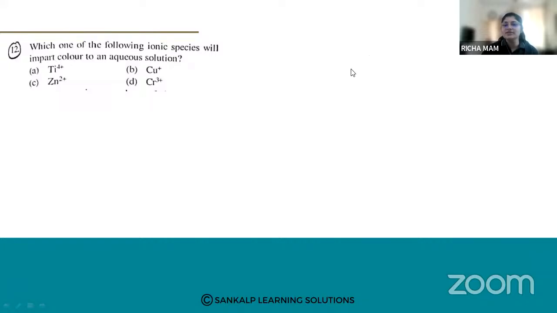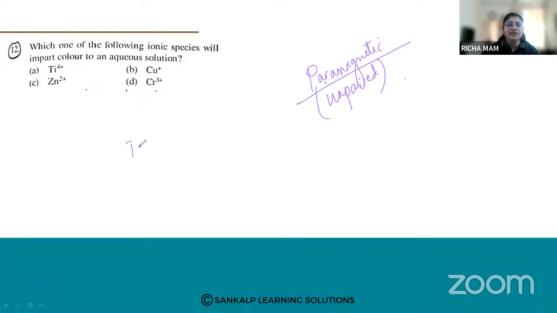Transition metals have a unique property of showing colored complexes. This is due to the presence of unpaired electrons, the paramagnetic behavior shown by metals having unpaired electrons. So unpaired electrons will impart color to the system.